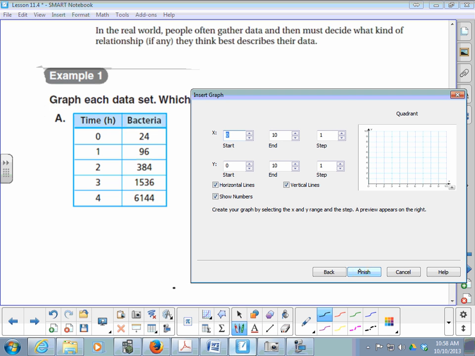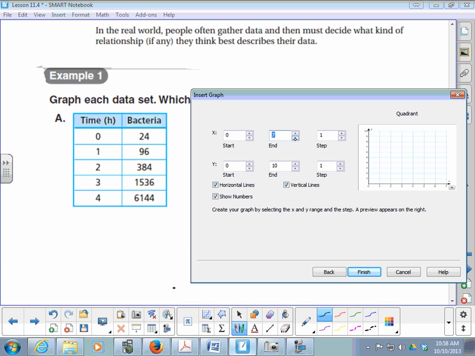Now the next thing I need to do is set up the axes for my quadrant graph. So my x-axis should be what? Start at 0, goes by 1s, right? We could go up to 10, or even if we went to about 7 or 8. We want to go a little bit more than 4 anyways. Now, what about our y-axis? I've got to be able to see all the way up to 6,144, right?